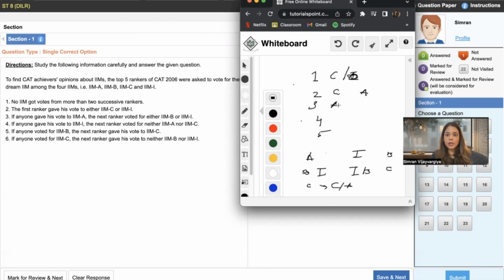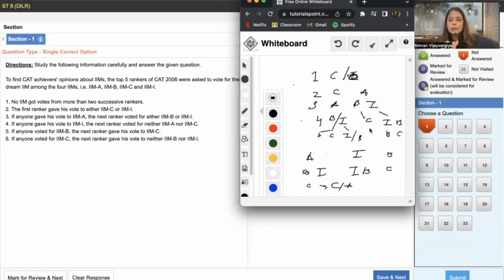So the next one has to be A. After A, we have either B or I. After B, we have C. And after I, we have I or B. If this is I, then the next one has to be B, and after B, the next has to be C. And if this is C, after C we have either C or A.